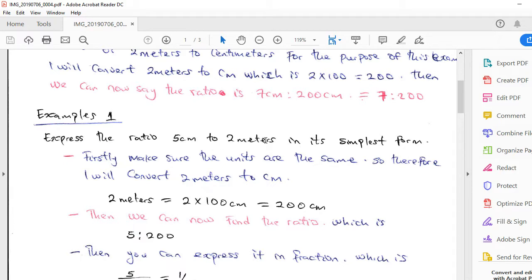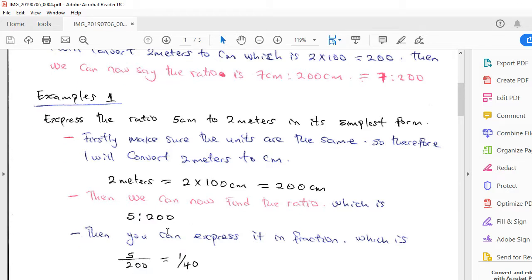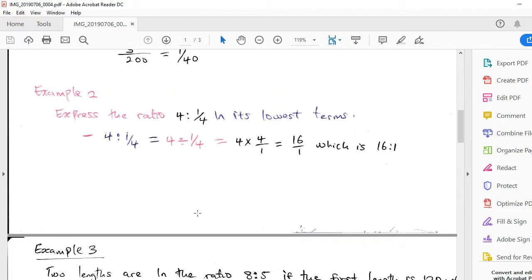So 2 meters is equal to 2 times 100 centimeters, which is 200 centimeters. Then I can say 5 centimeters to 200 centimeters, which we can express as the ratio 5 ratio 200. As we said earlier, a ratio can be expressed as a fraction, which is 5 over 200, which is 1 over 40.